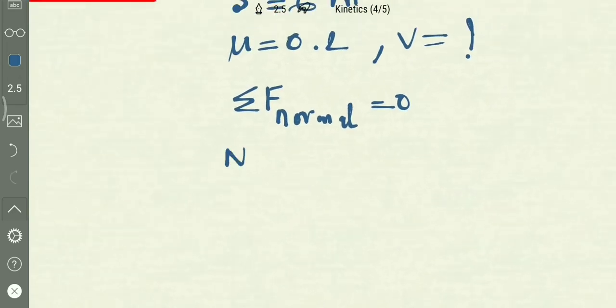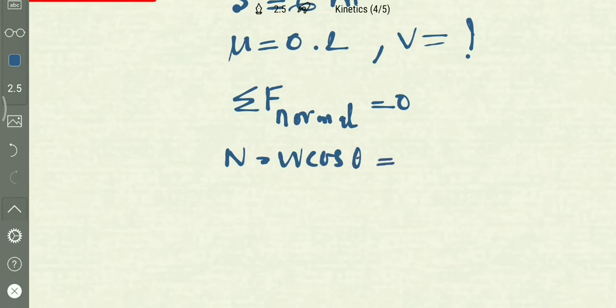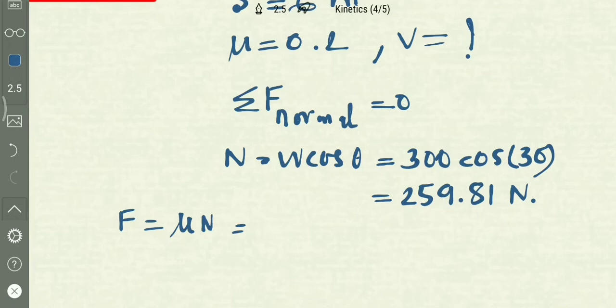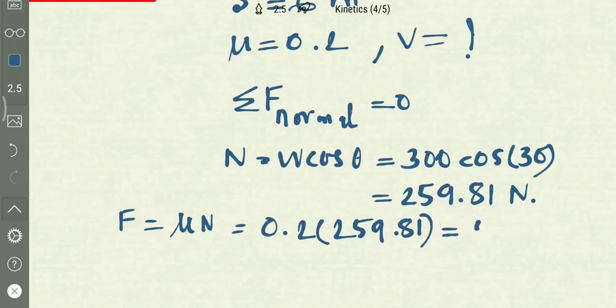So N is equal to W cos theta. What is N? W is 300 and theta is 30 degrees, we get 259.81 newtons. From this, the frictional force is given by F is equal to mu into N, where mu is 0.2 and N is 259.81. So we get the frictional force as 51.96 newton.